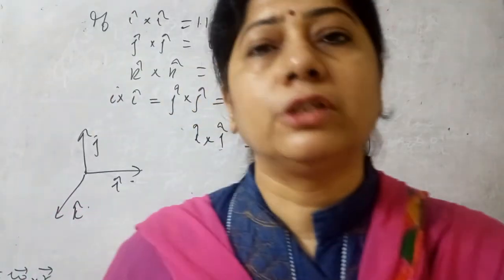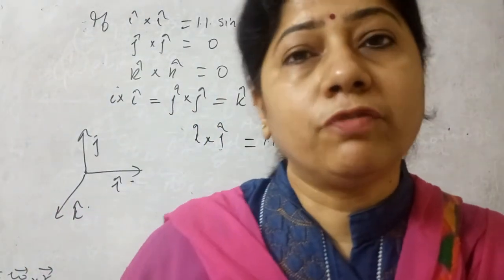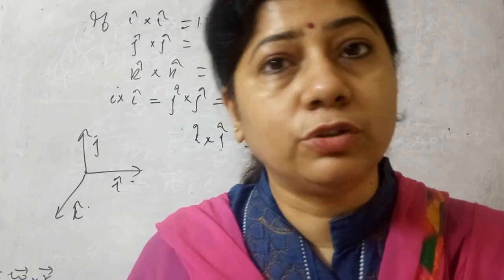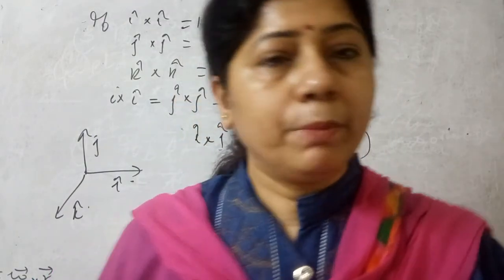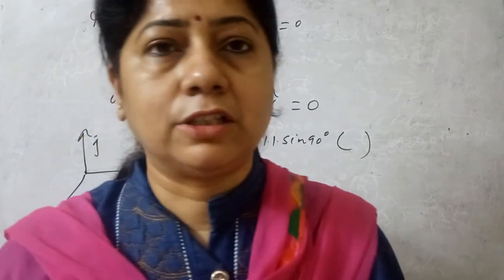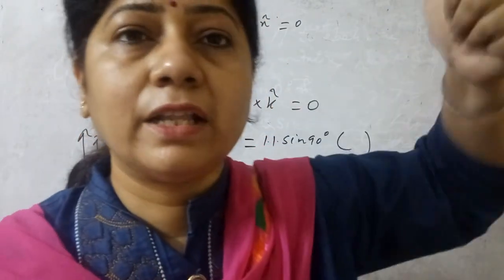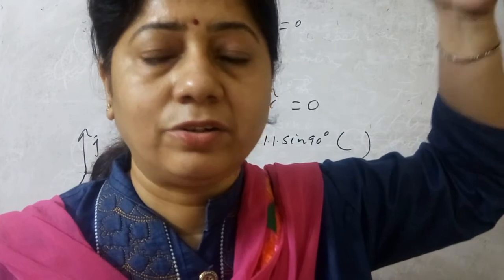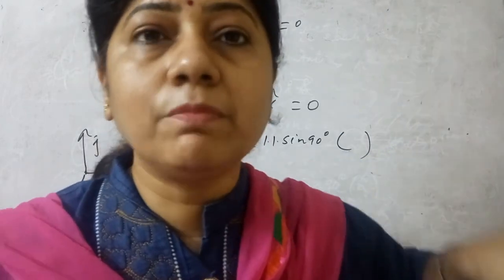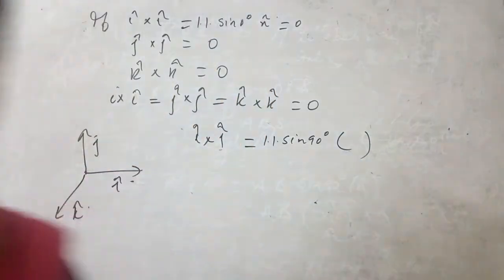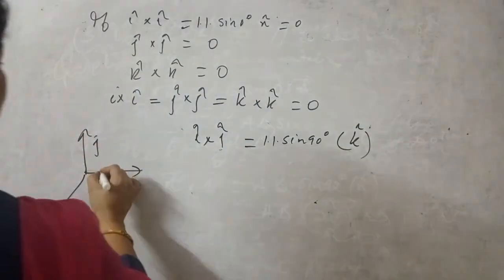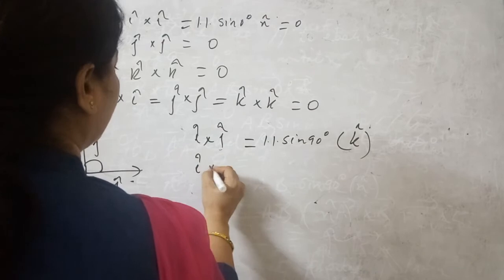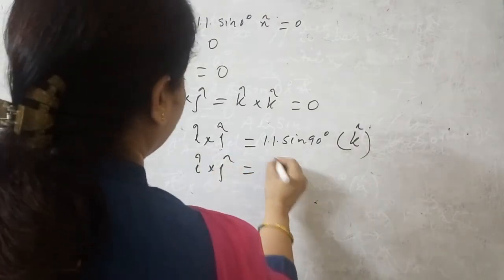So the unit vector will be a unit vector perpendicular to the plane. If I stand on the floor, it becomes the x-axis and the y-axis, then the z-axis is given in the upward direction, that is k caret, right? So this simply means that I cross j, the unit vector will be k caret. So it goes like this: I caret cross j caret is equal to k caret.